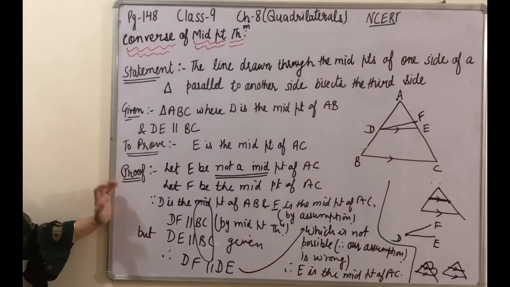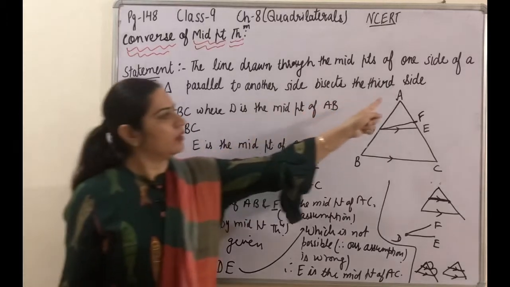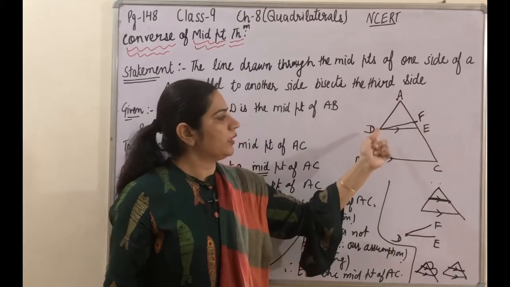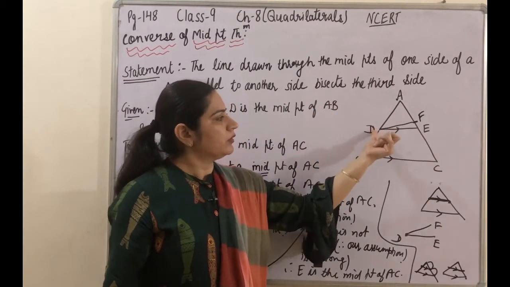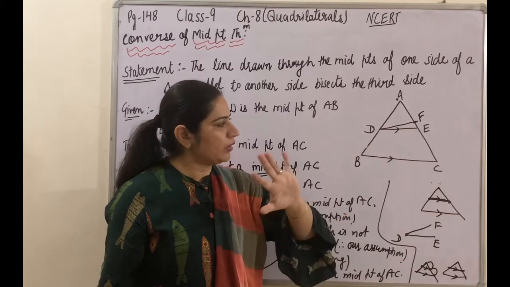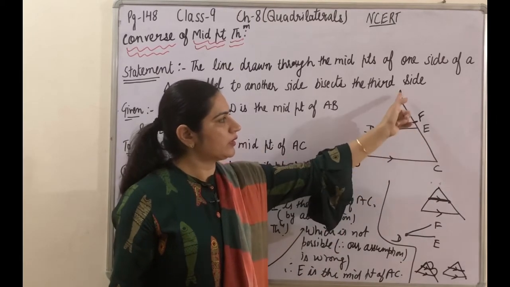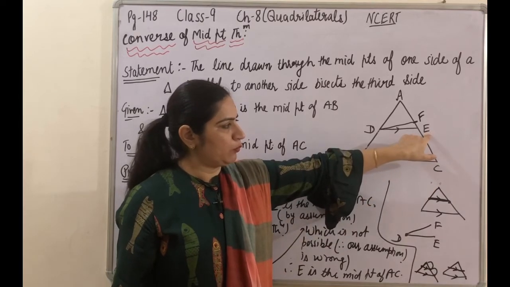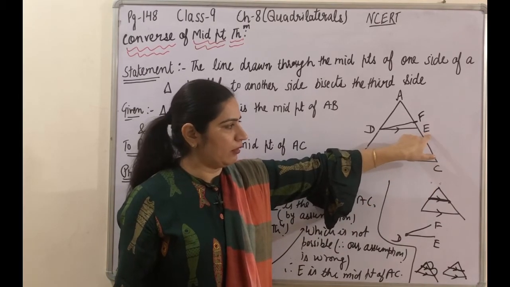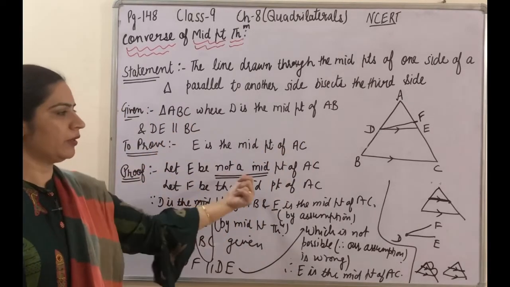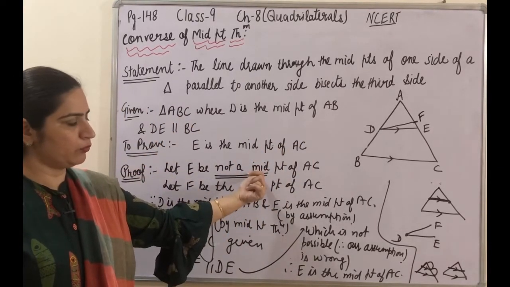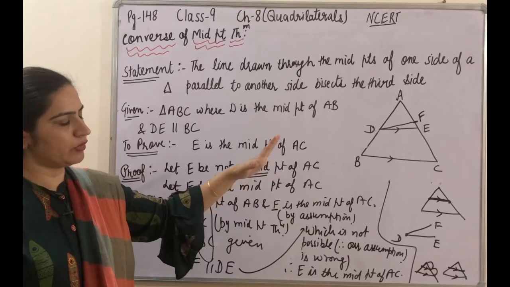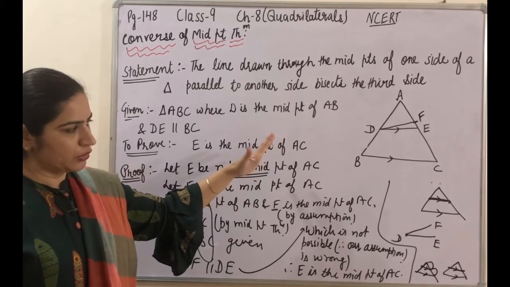Again I am telling how I explained the theorem. One triangle is given, D is the midpoint, and DE is parallel to BC, already given. We have to prove E is the midpoint of AC. I want to prove E is the midpoint, but I took, let E be not a midpoint. I will prove the theorem with the help of contradiction.